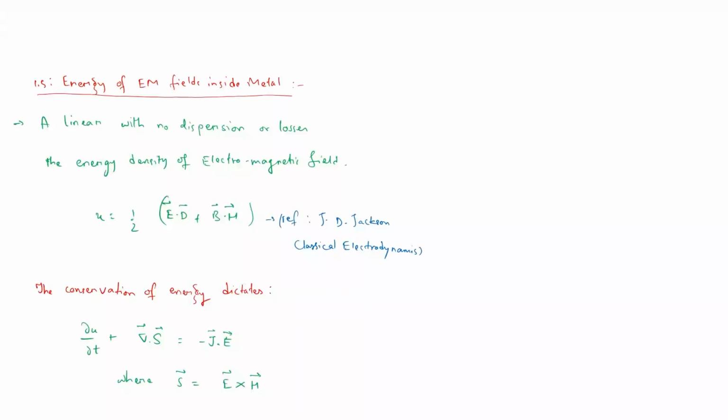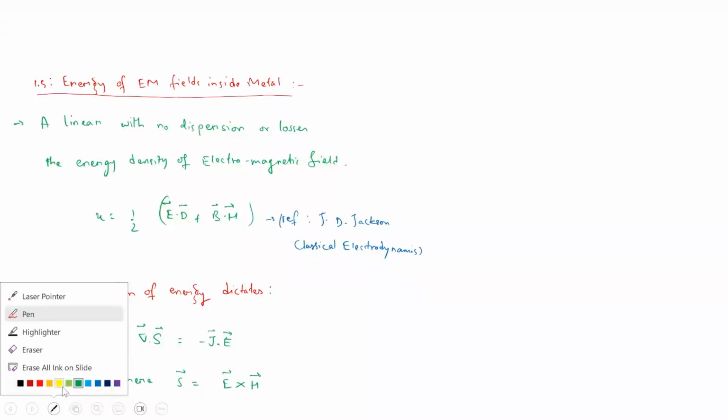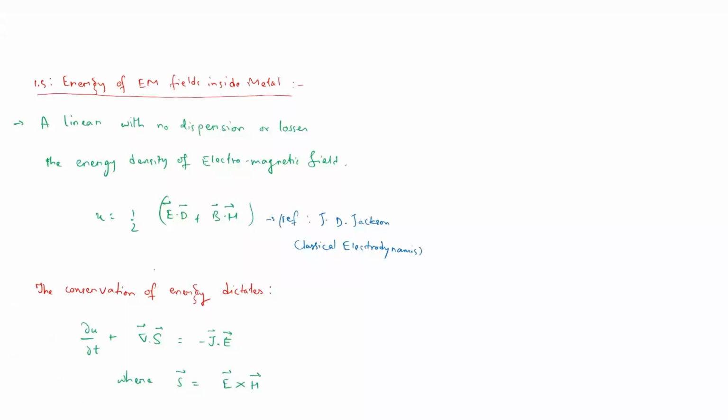Now let us concentrate on the contributions. There are two components here, the electric component and the magnetic component. This is the UE and this is the UM, the magnetic component. Let us now focus on the electric component of the field.